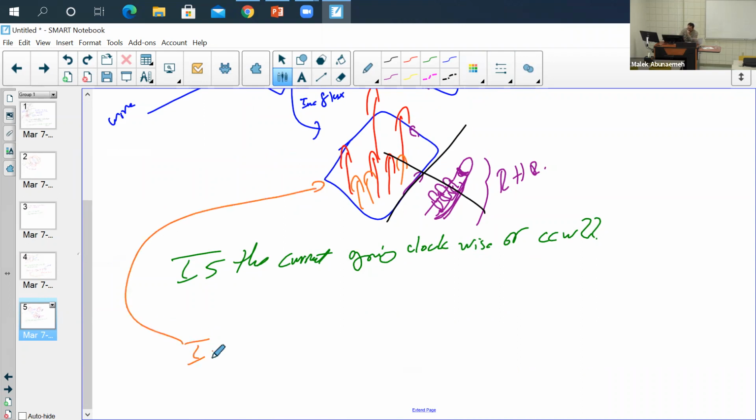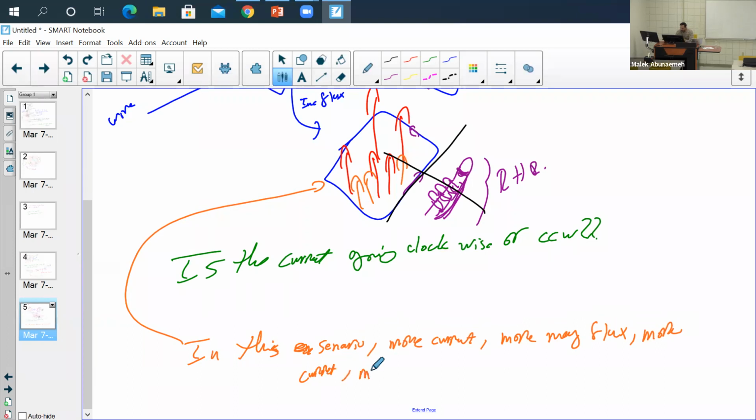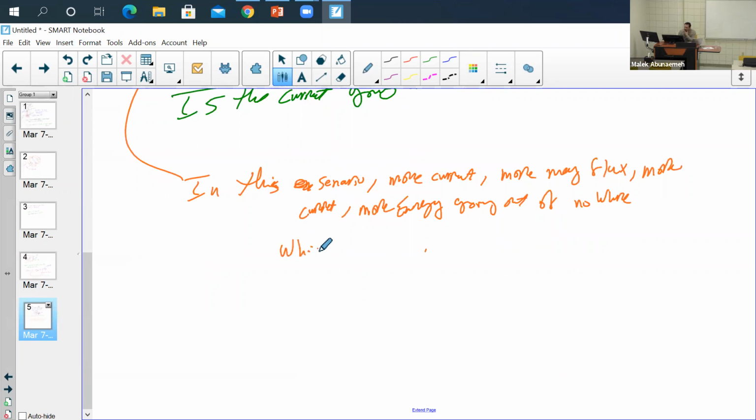In the other scenario, the more current, the more magnetic flux is going to be generated, which means you're going to have more current, which means you're going to have more energy coming out of nowhere, which violates the law of energy.